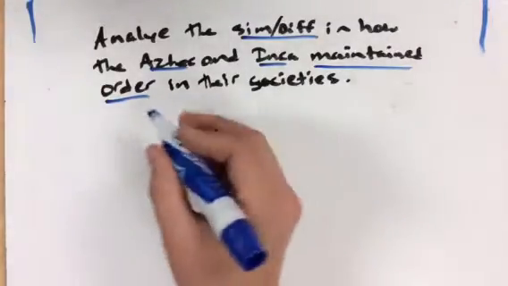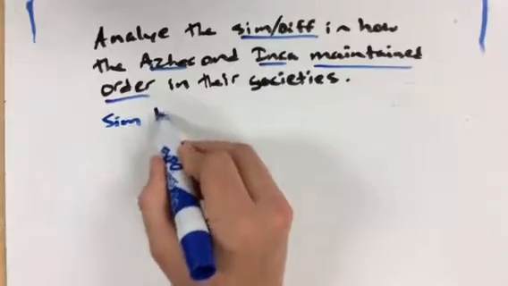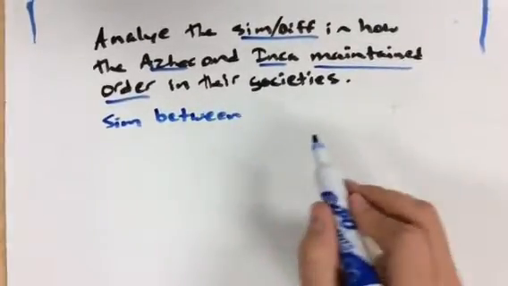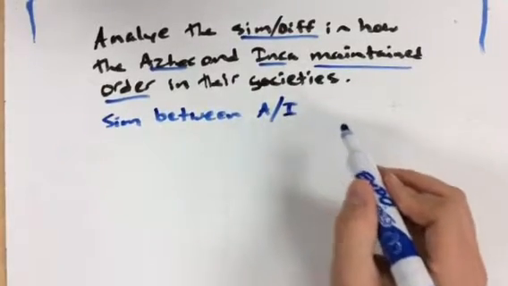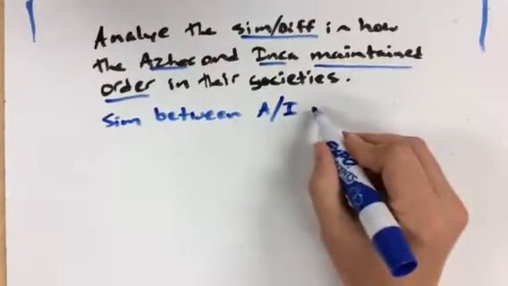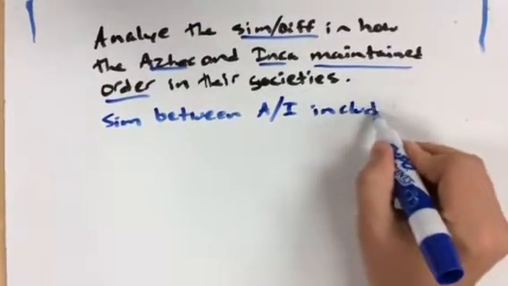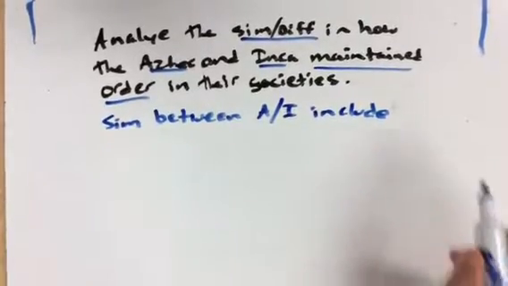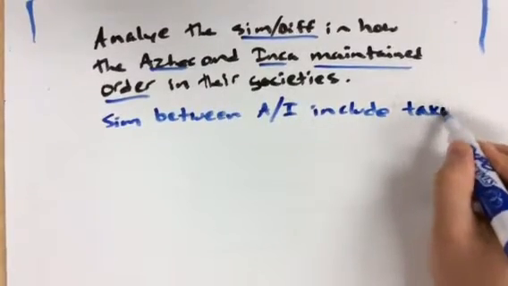Okay, so you can say similarities between, and you're going to name the two societies again, the Aztec and Inca, include, let's see, they had taxes, include taxation.